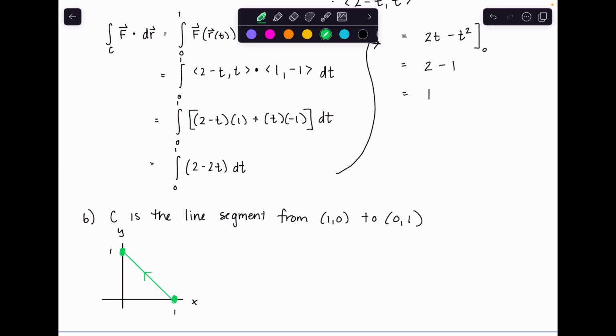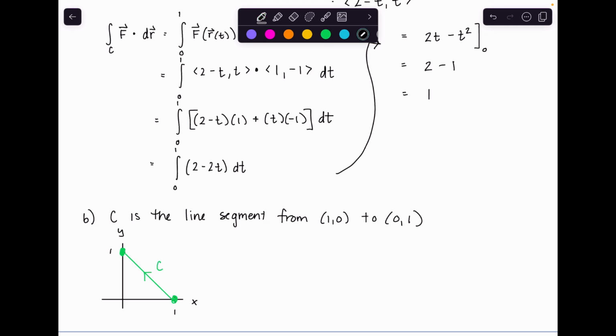And this is where that parametrization is important, because if you were to come up with the equation to this line, it's exactly the same as the last one. However, I cannot use the same parameterization because it traces it in the wrong direction.